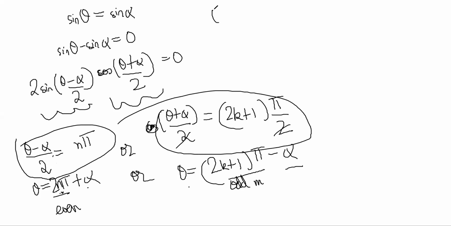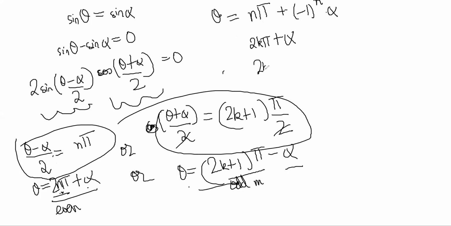So in general, now you can combine this or this to write it like n pi, any multiple of pi, plus minus 1 to the power n alpha. So when n is even, it will become 2k pi plus alpha. When it is odd, it will become (2k plus 1) pi minus alpha.